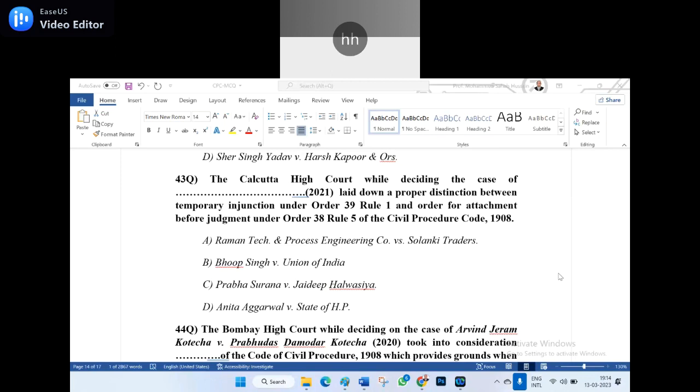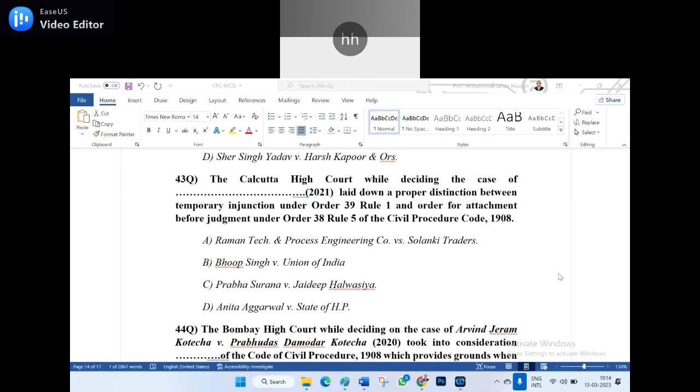The Calcutta High Court, while deciding the case of Dash, decided in 2021, laid down a proper distinction between the temporary injunction under Order 39 Rule 1 and an order for the attachment before judgment under Order 38 Rule 5 of the Civil Procedure Code 1908. Here are the cases. A. Raman Tech and Process Engineering Company versus Solanki Traders. B. Bhoop Singh versus Union of India.